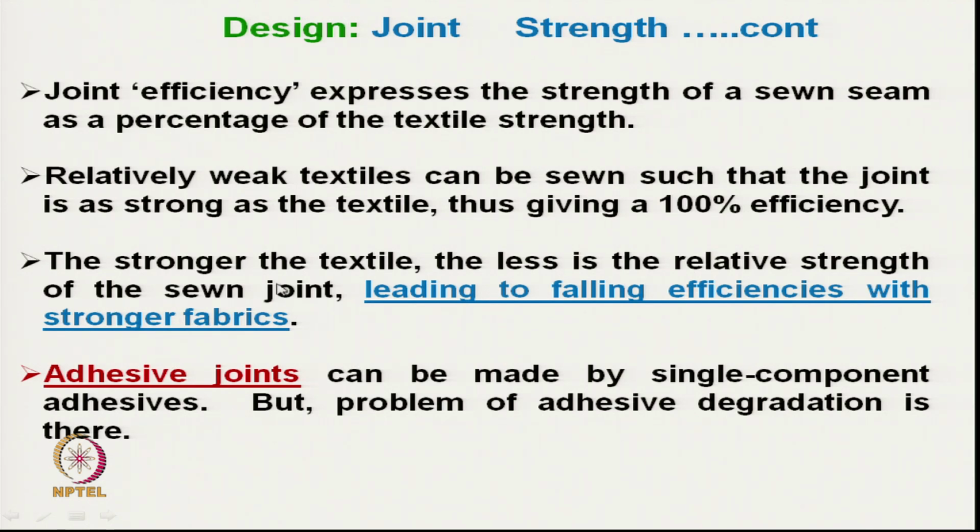The stronger the textile, the less the relative strength of the stitched portion, leading to failure of the structure. Sometimes adhesive joints are used, but the problem is that the adhesive degrades during actual use.